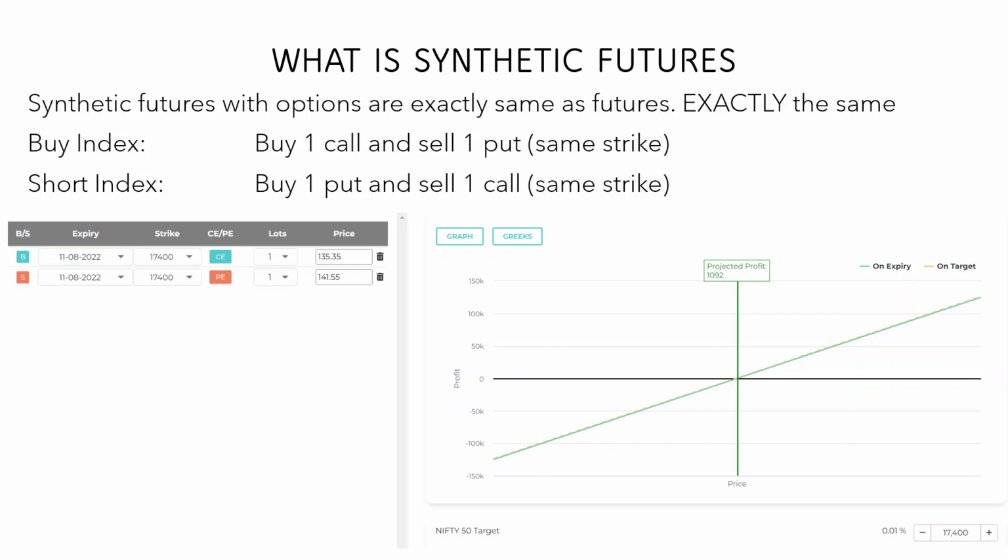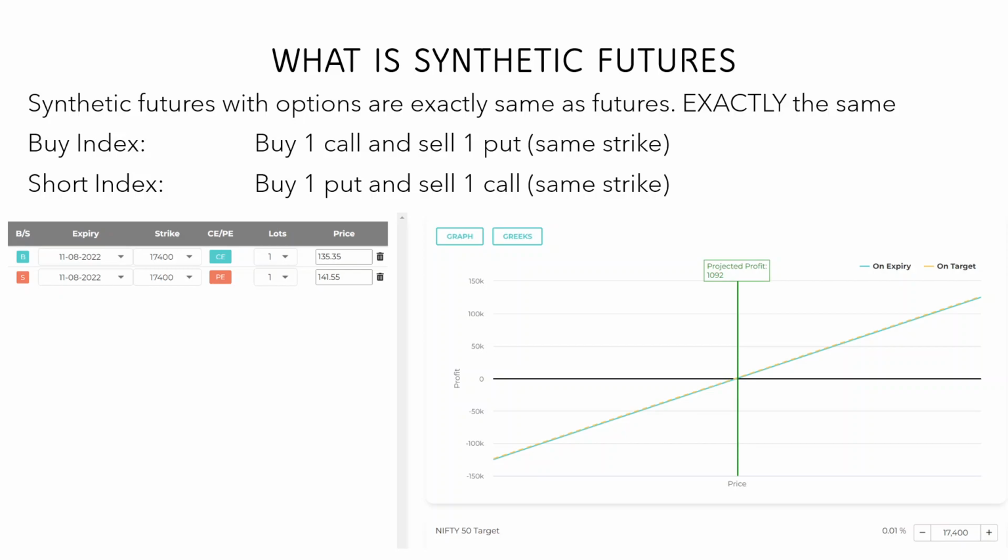For that matter, if you take 18,000, which is like 500 or 600 points away, it's going to be the same. If you take 17,000, which is again 500 points lower, it is going to remain the same. So irrespective of the strike that you select to trade synthetic future, the payoff graph, the upside and the downside, will remain exactly the same as futures.